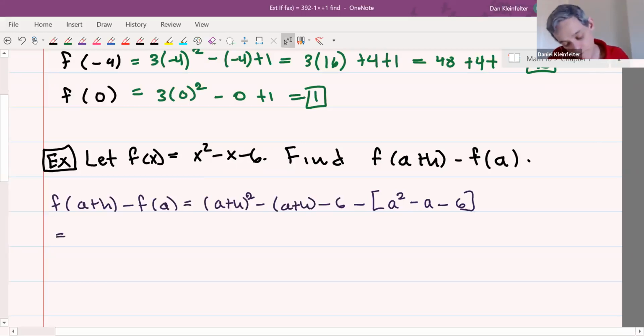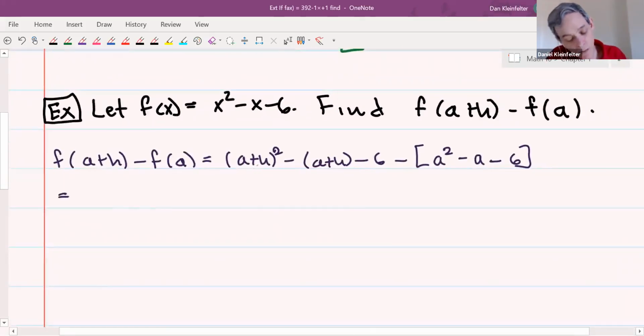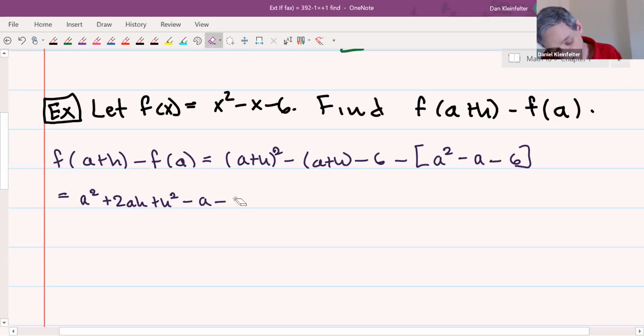Okay, so now we're going to multiply out the (a plus h) squared. That is a perfect square trinomial. If you like, you can use FOIL or some other method to multiply that out. If you don't remember how that goes, let me know, or get help from a tutor or a classmate.